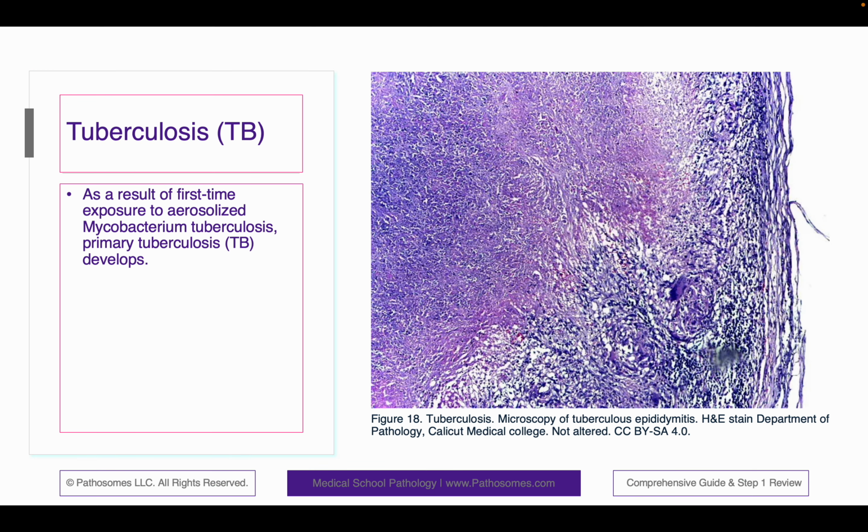Now let's move on to another highly important topic, TB, right? You know what TB stands for? Tuberculosis, right? As a result of first-time exposure to aerosolized Mycobacterium tuberculosis, the development of primary tuberculosis may ensue.